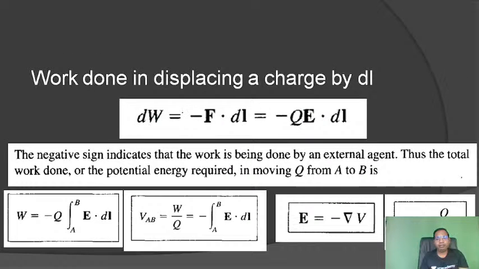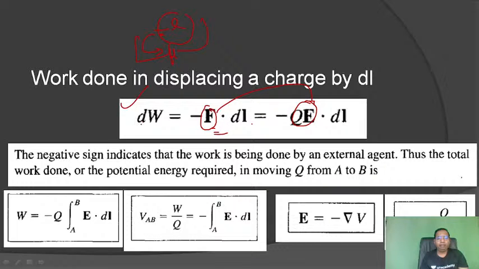Next, coming to the work done in displacing a charge by dl. For example, if you take some line charge and apply the potential like this, a negative charge will be attracted towards the positive. If it is attracted towards the positive, some work has to be done on this charge, and the amount of work done can be written as dw is equal to minus F into dl, where F is equal to Q into E, the force acting on an electron kept in the electric field.